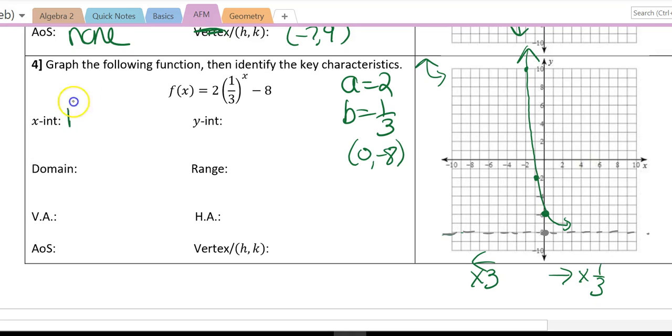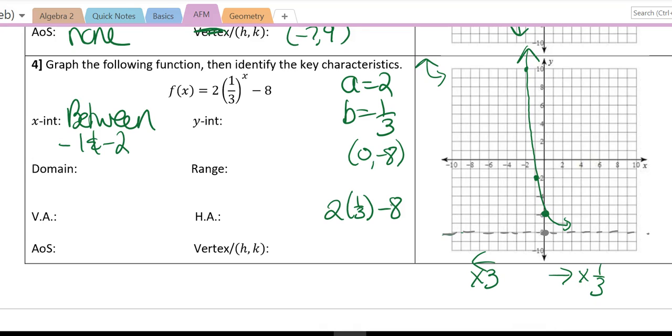X-intercept is going to be between, not quite, this is a little bit far over, between -1 and -3. The y-intercept, we put in 0, so it's going to be 2 times 1/3 minus, oh, what am I doing? Sorry, it's on right there in the graph.